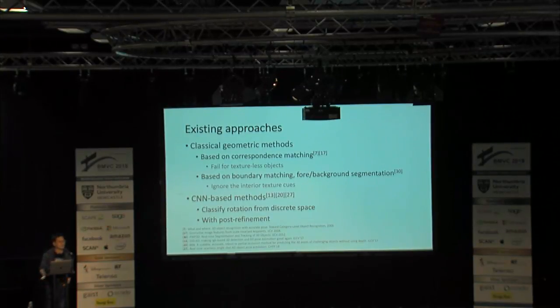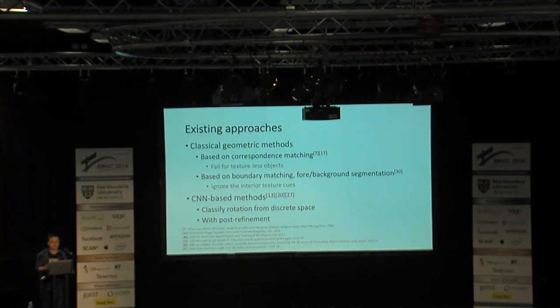So in our wish list, we want a method that could be as accurate as these methods. We want it to be simple enough, without any post-processing of the prediction from the neural network. We want it fast.